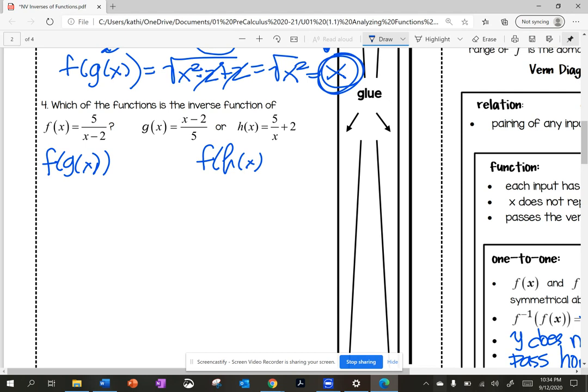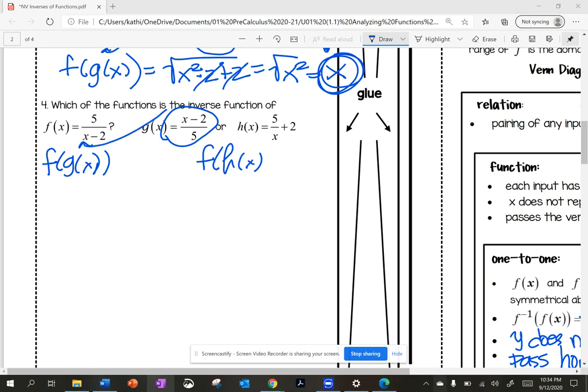So I'm going to take g's equation, and substitute that where I have an x. So I'm going to take this and put this where I have an x. So I have 5 divided by x minus 2 divided by 5 minus 2.